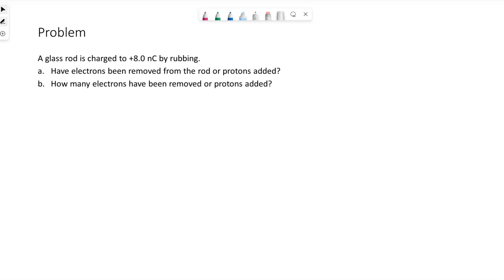So glass rod, we end up with, it's telling us there's a net positive charge, Q, or capital Q, of 8 nanocoulombs. If this has a net positive charge, that means there's more protons than electrons.